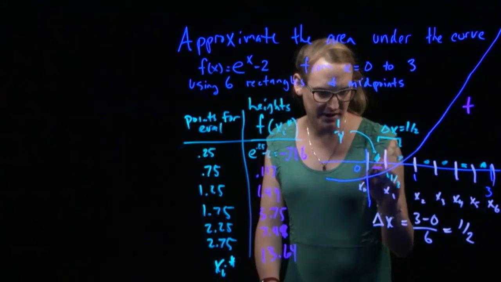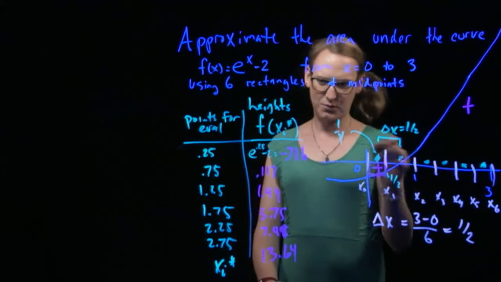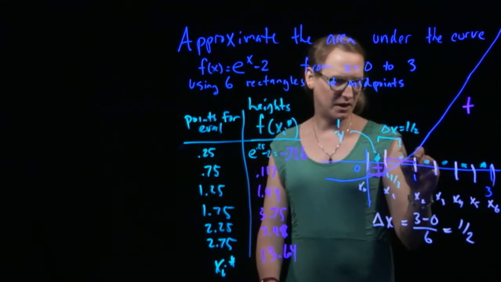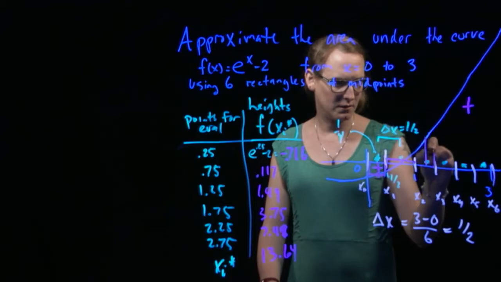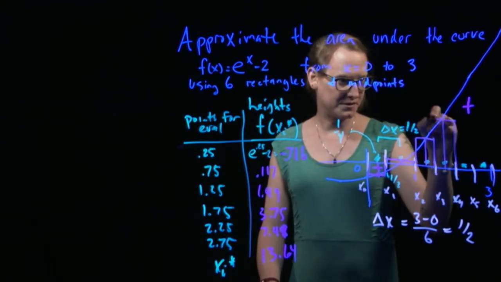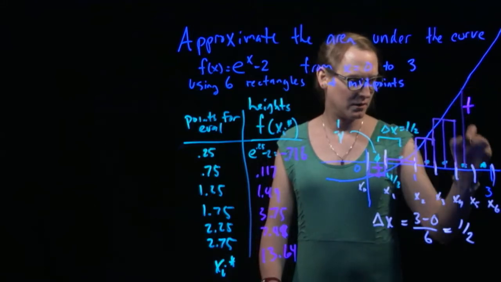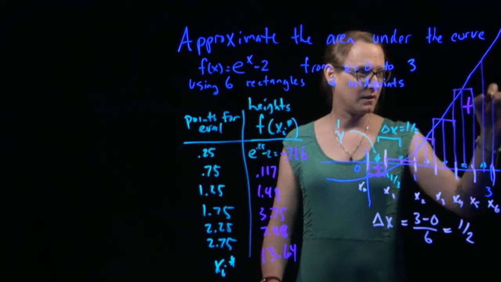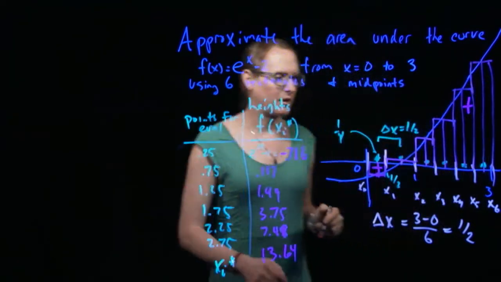So I've got a rectangle whose height is that. This one's positive. This one's getting bigger. This one's getting even bigger. This one's getting even bigger.